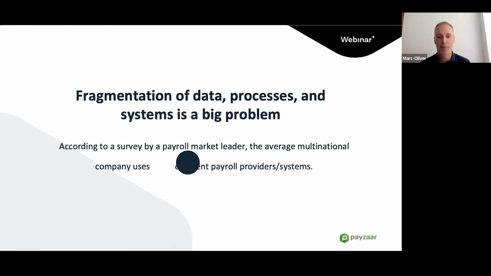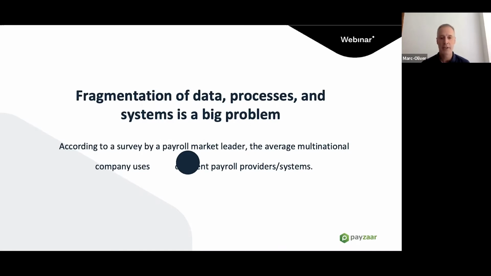But what this slide was supposed to highlight is the fact that in a typical multinational organization, payroll tends to be very fragmented. A recent survey of global payroll leaders has highlighted that the average multinational company has 30 different payroll systems or providers in use.